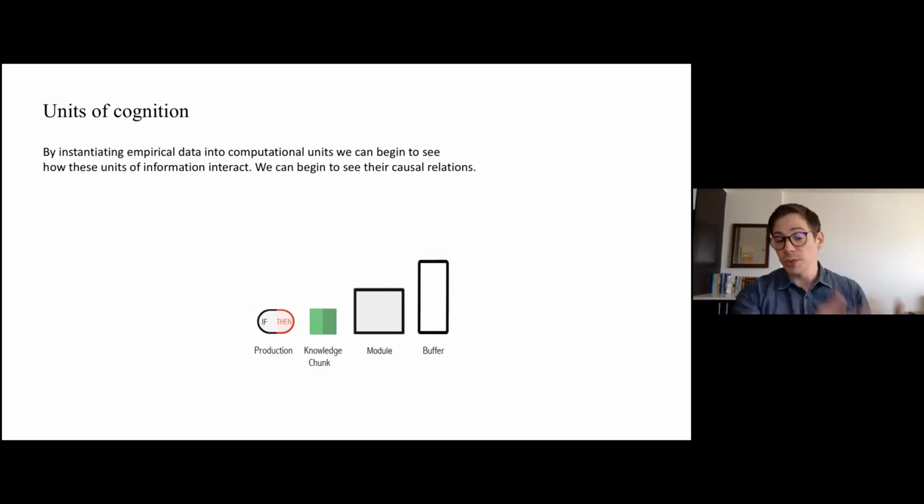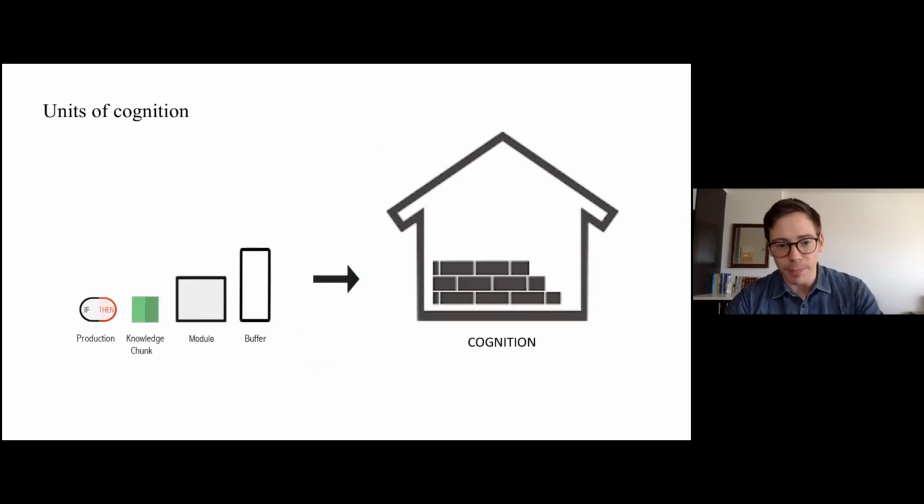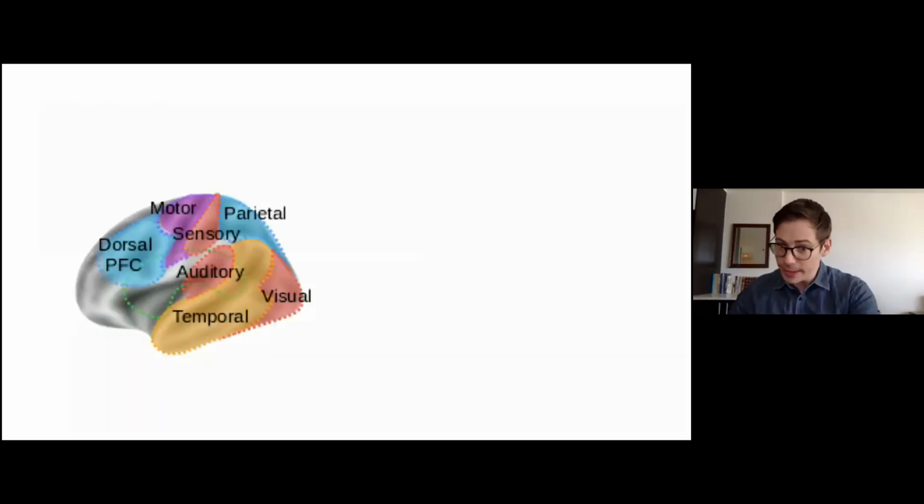There's procedural knowledge, there's declarative knowledge, there are the modules that hold them, and then there are these things called buffers, which are little containers that hold information in working memory. And then we can build them up like bricks in a house. So we can see brick by brick, unit by unit, how they build up to architectures, to the different rooms in the house. And then we can test them.